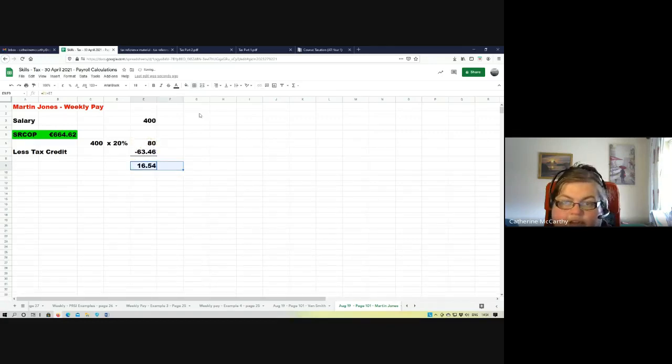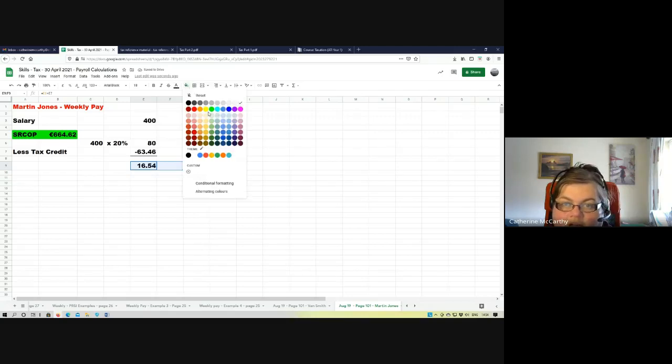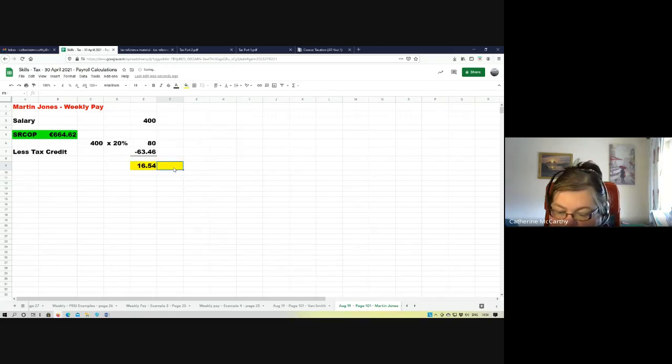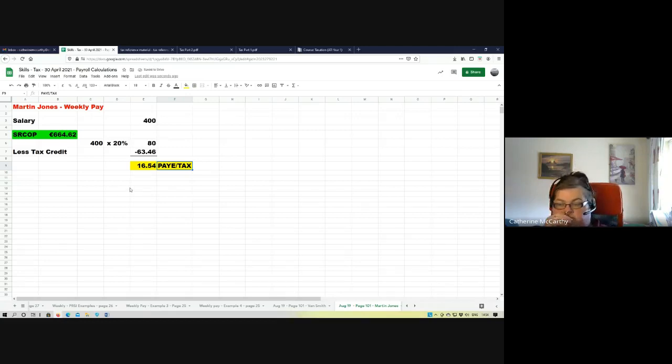So that is giving us tax, or as you can call it, PAYE, of €16.54. Okay, so he's under his standard rate cut-off point, so it's all at 20%, less the tax credit, and that's giving us tax or PAYE of €16.54.